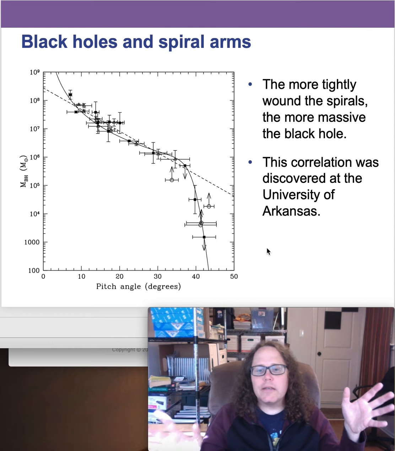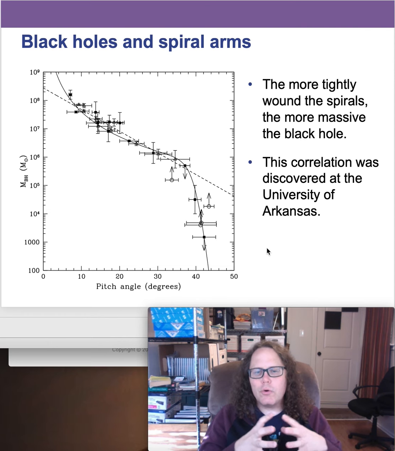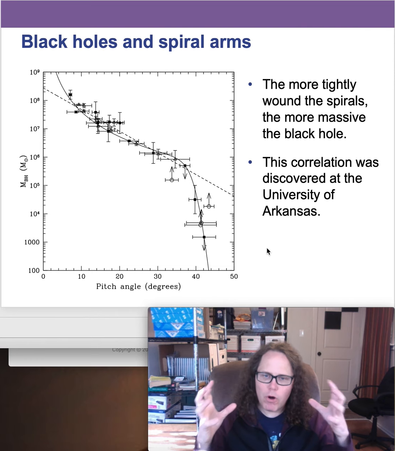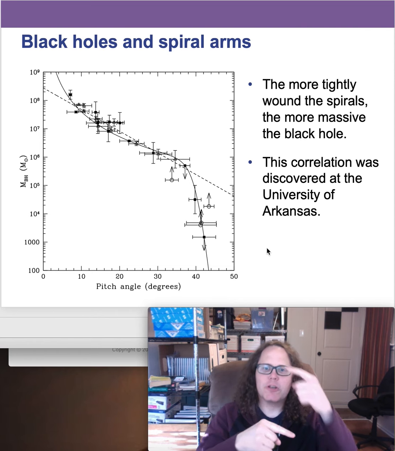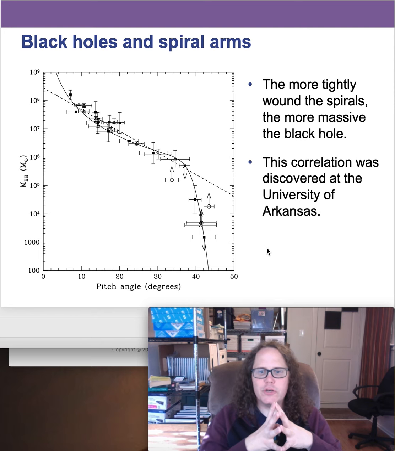Not only does the mass of a black hole correlate to the mass of the bulge, it also correlates to the tightness of the spiral arms. The more massive the black hole, the more tightly wound the spiral arms. This correlation was discovered by the Arkansas Galaxy Evolution Survey at the University of Arkansas and UALR.